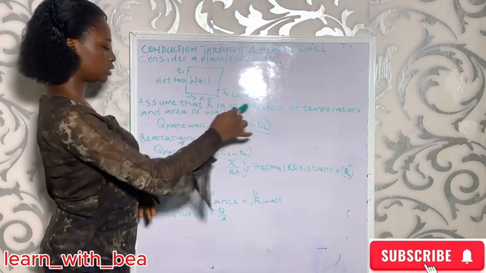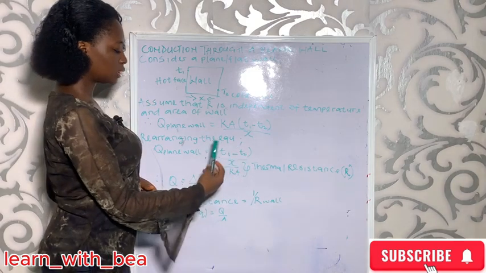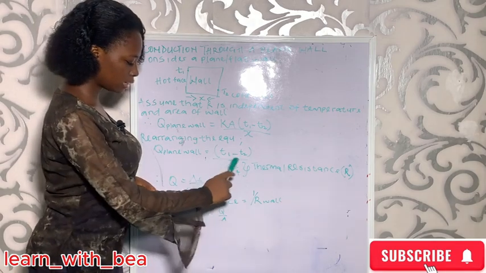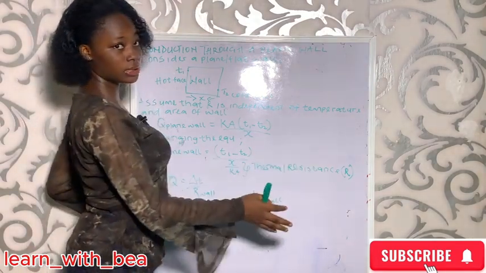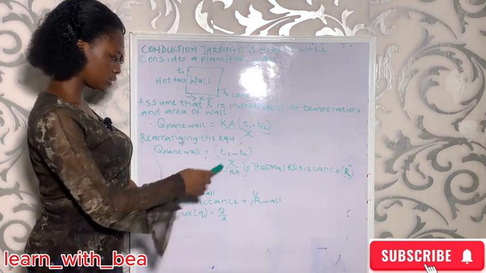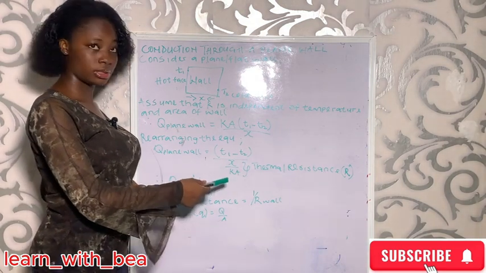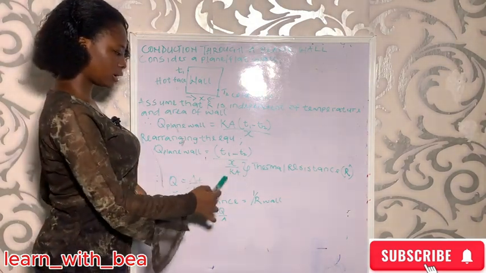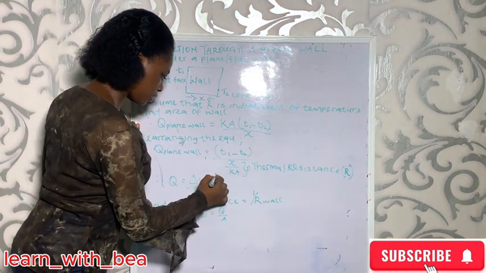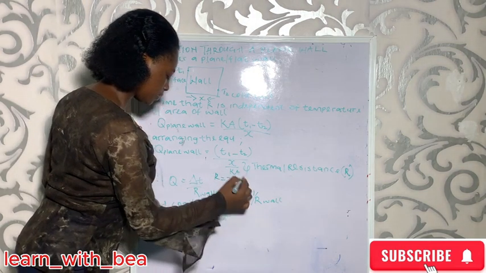When we rearrange this equation, we have Q equals (T1 minus T2) divided by x over kA. Now this x over kA is our thermal resistance, which is R. Do you understand? So R equals x over kA.